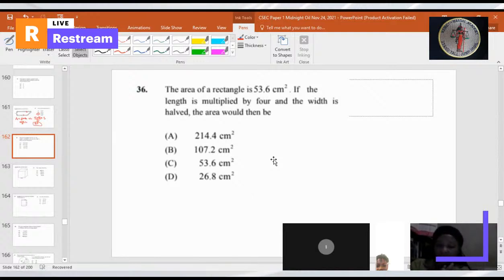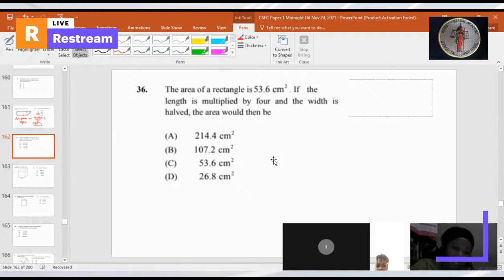It's affecting the multiplication. So if you're multiplying the length by 4 and then you're dividing the width by 2, you're really multiplying the whole area by 4 and dividing by 2. So in essence, you are multiplying the area by 2, because 4 divided by 2 is 2.